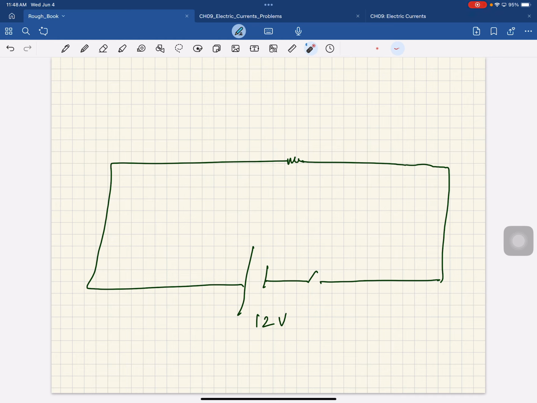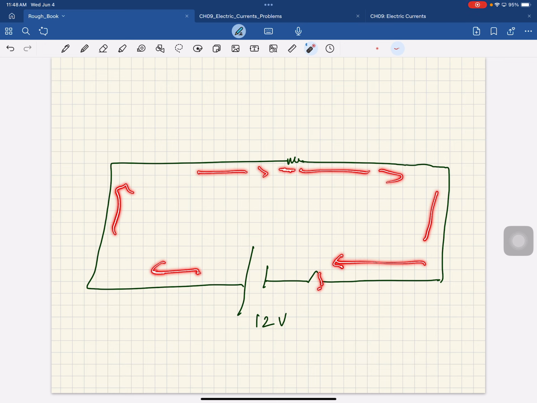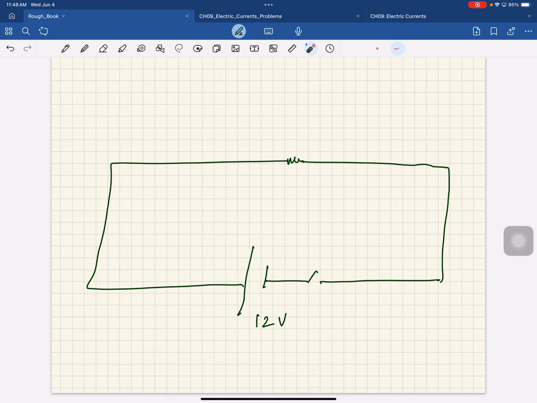The free electrons in the wire start to move when you close the switch, because the electric field gets created instantly. The moment you close it, the electric field gets established at the speed of light. As soon as the electric field is established here, these electrons respond immediately.